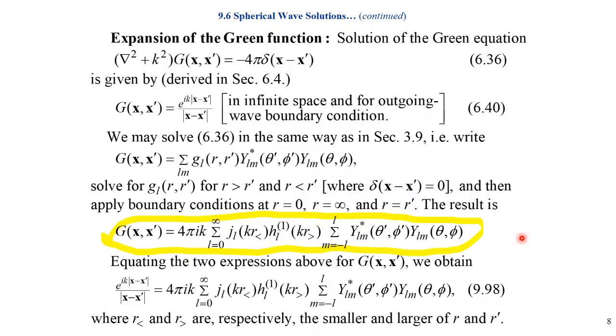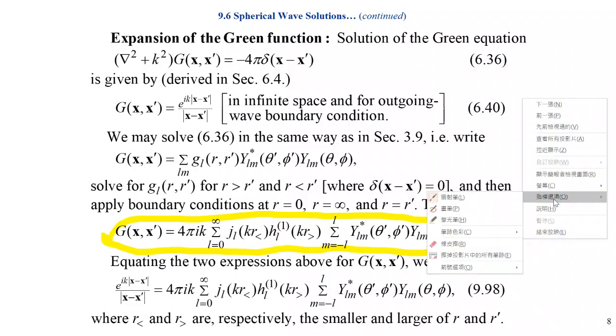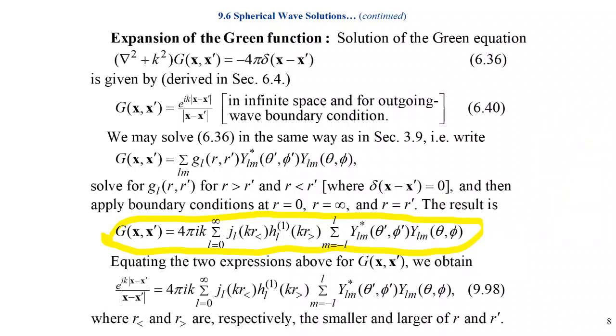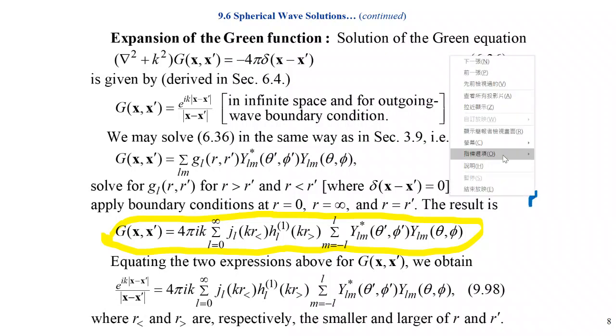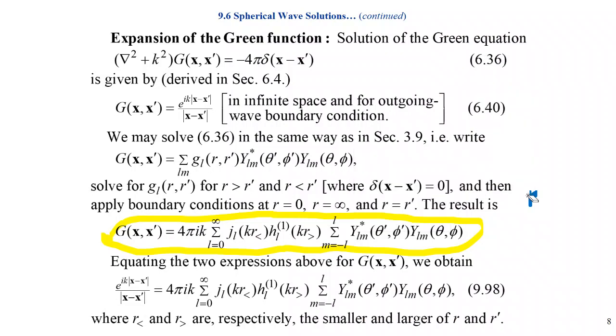That means, let me write it down. We can erase this part.